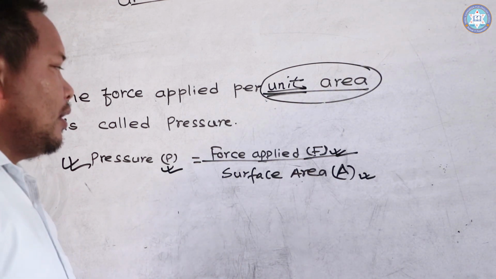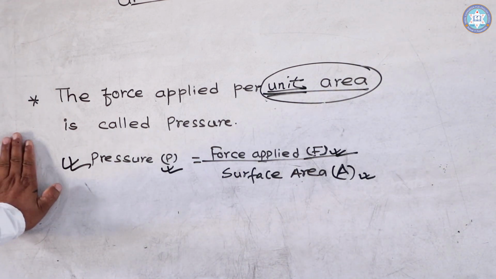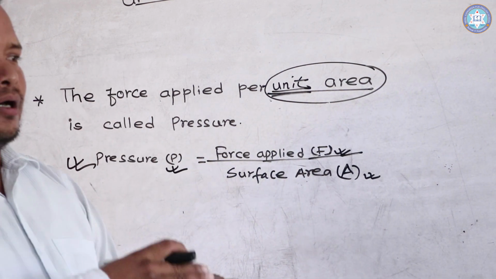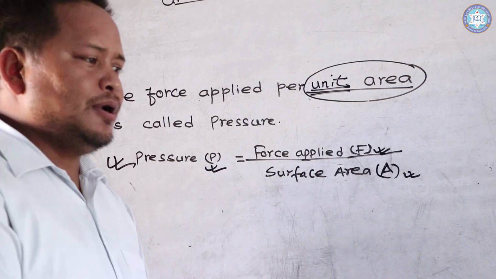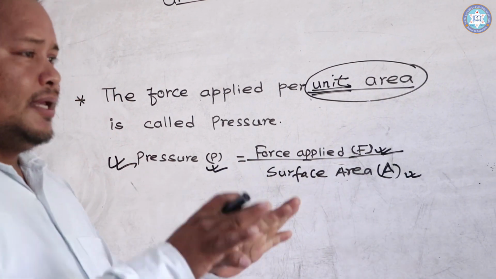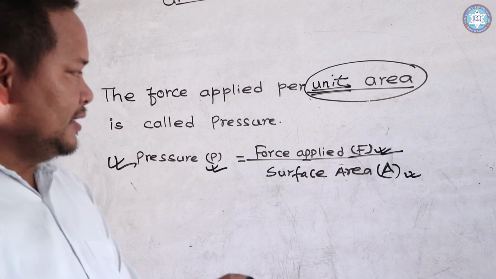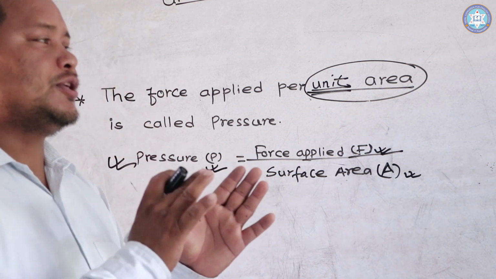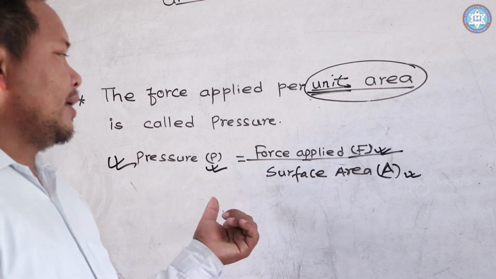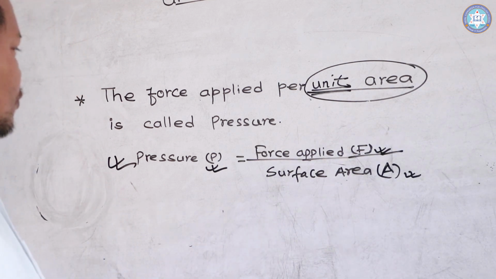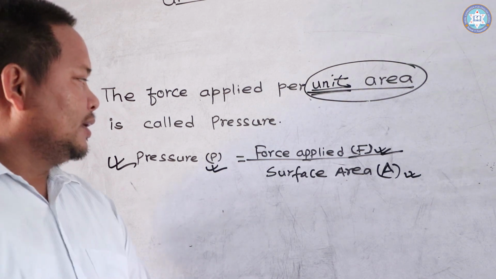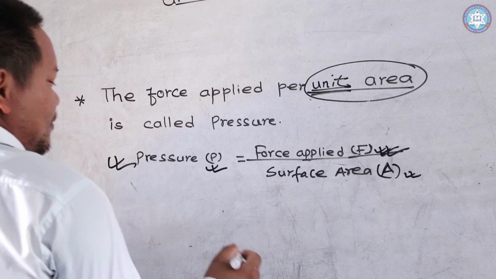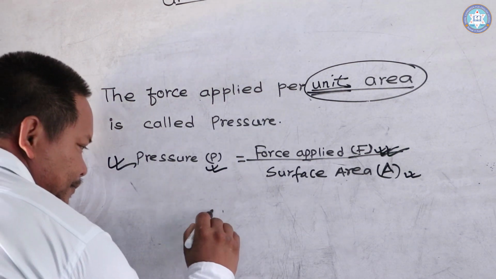When we apply less force on a pillow or other body, then what happened? Less depression is produced. But when we apply more force, then what happened? More pressure is produced. That means the applied force is directly proportional with pressure.